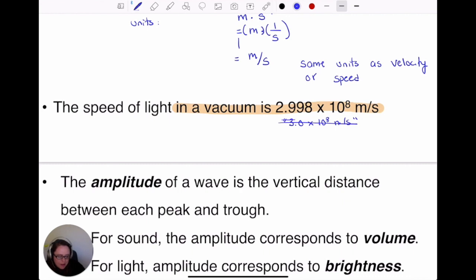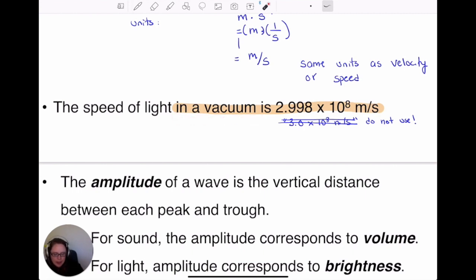Please don't use this value. It just limits your sig figs and limits the precision of your calculation. So always use that 2.998 times 10 to the 8th meters per second. You'll notice that this is specifically the velocity of electromagnetic radiation in a vacuum.